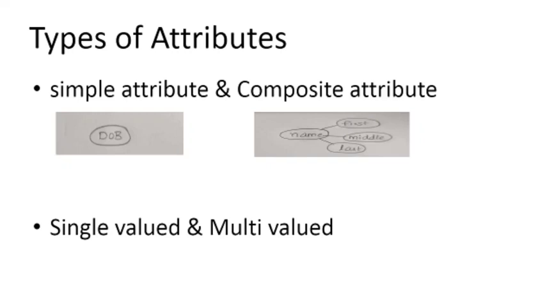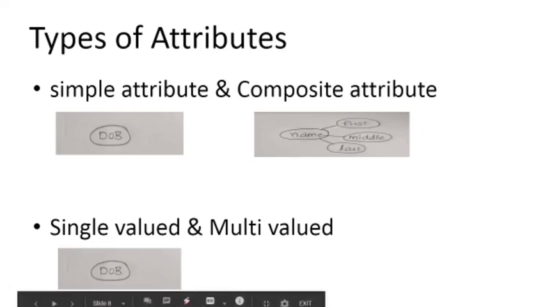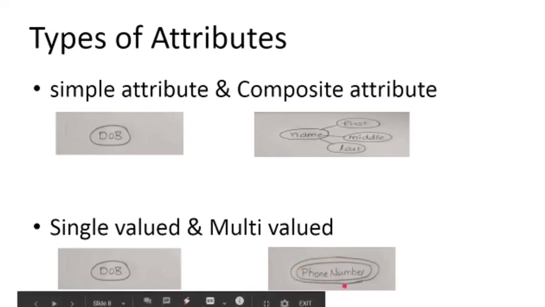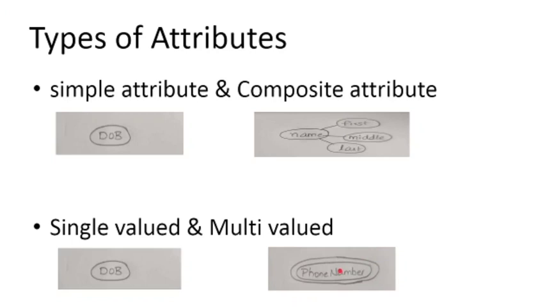So we require some examples. This is a single valued attribute because we have only one date of birth. We don't have more than one. For multi-valued, we have phone number. We have more than one value, more than one phone number. So that's why I represented this in a double ellipse. This double ellipse depicts that this attribute can have more than one value.